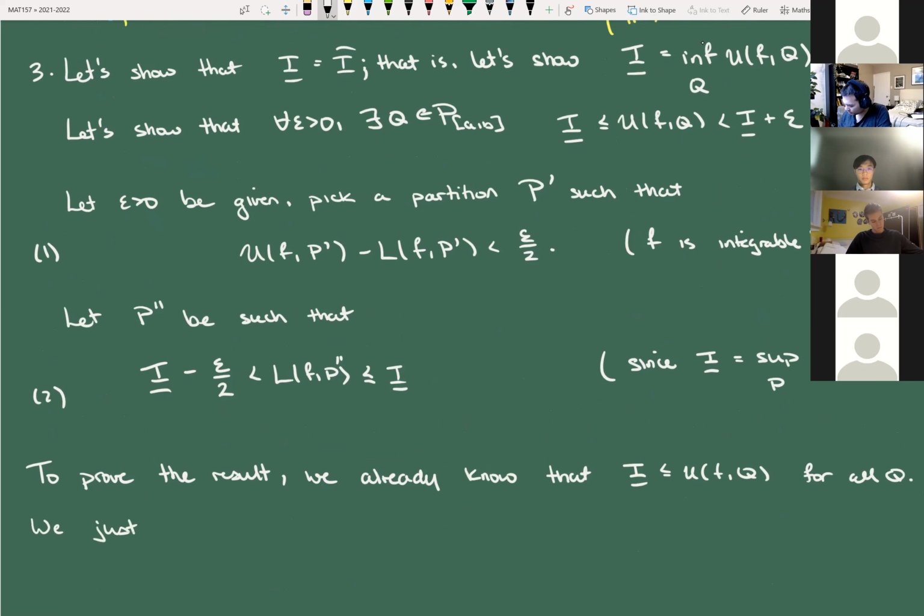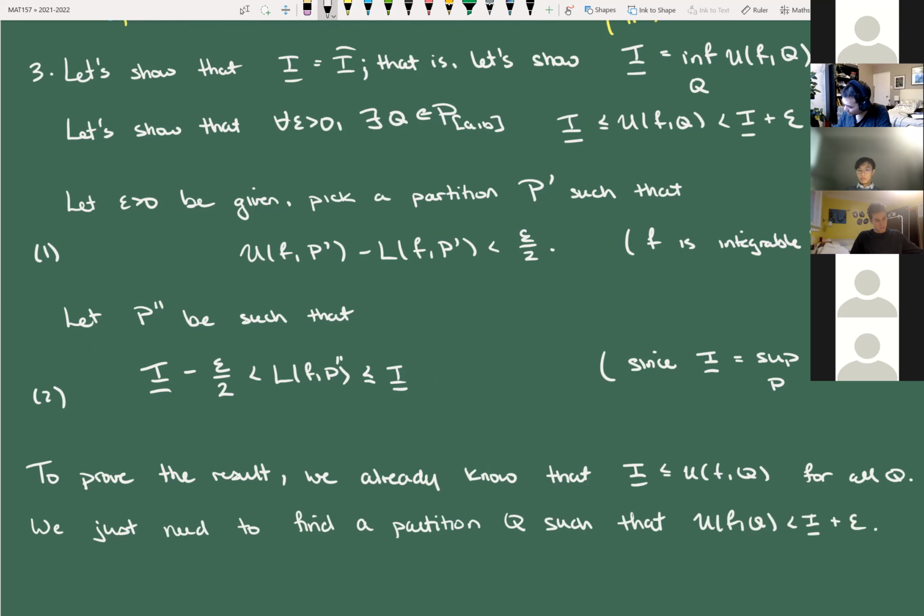We just need to find a partition P such that, or again, maybe let me call it Q, Q such that UFQ is less than the upper bar plus epsilon, or under bar plus epsilon, right?